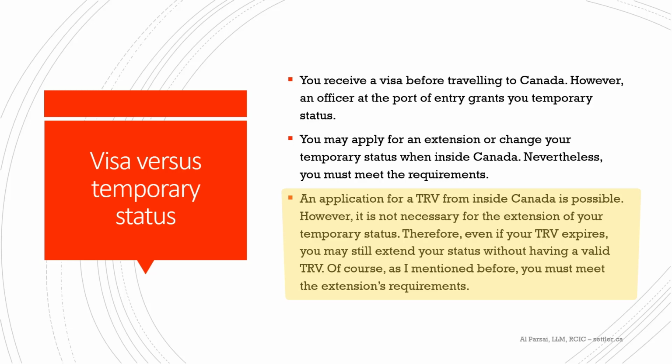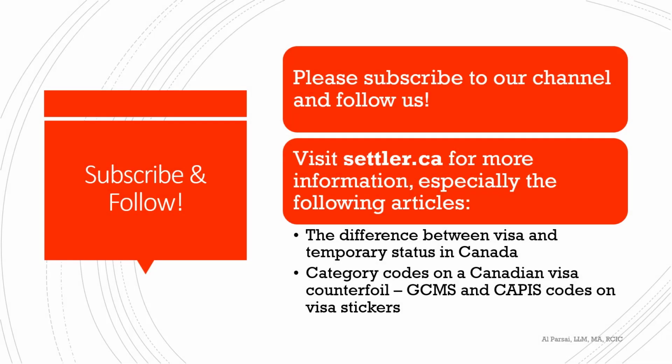However, if you want to leave Canada and come back, you need to apply for a temporary resident visa, assuming that you do not have permanent status and also you are not exempt from the requirements of visa. And if you are inside Canada, for example, with a work permit or study permit, you may apply for a TRV from inside Canada. But as I mentioned, TRV is for traveling to Canada, and legal status means you can remain in Canada.